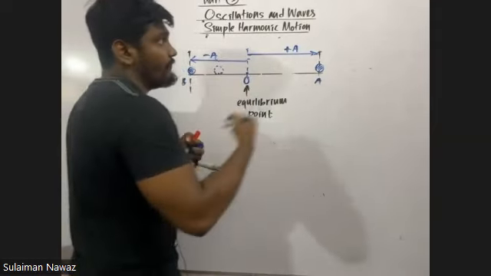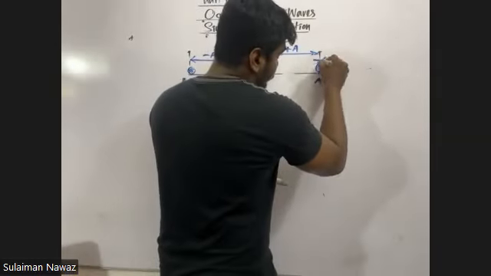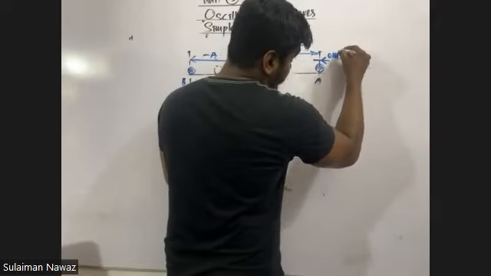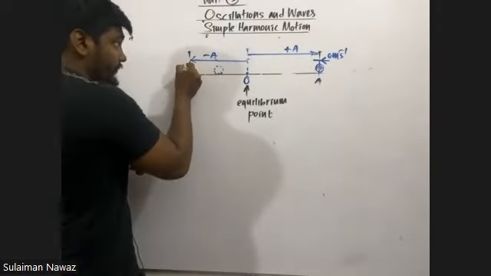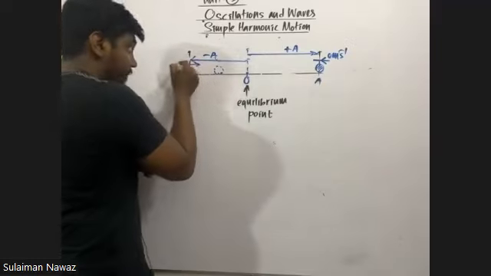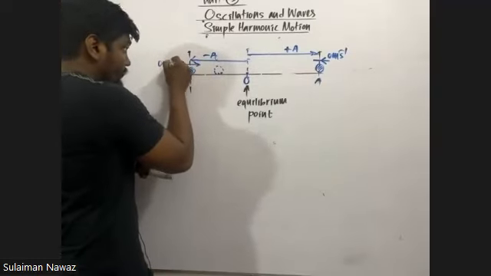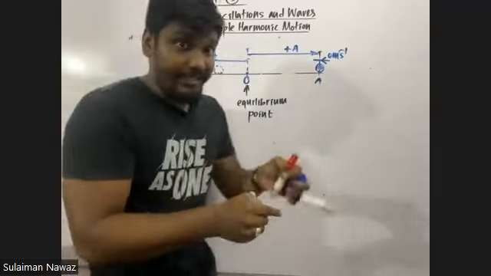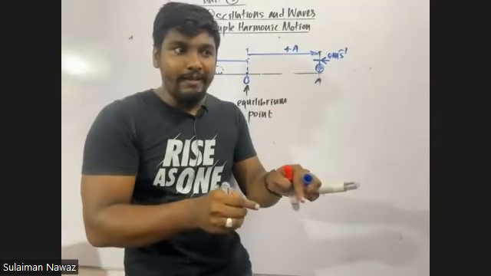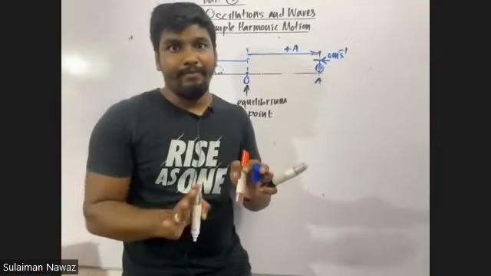When the object is at the amplitude, understand velocity is zero. Velocity is zero. It's a very important point, right? You must remember, when this object is at the amplitude, velocity is zero. When the object is at the equilibrium point, velocity is maximum.